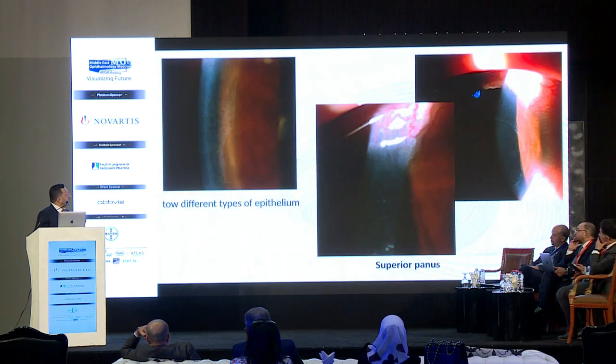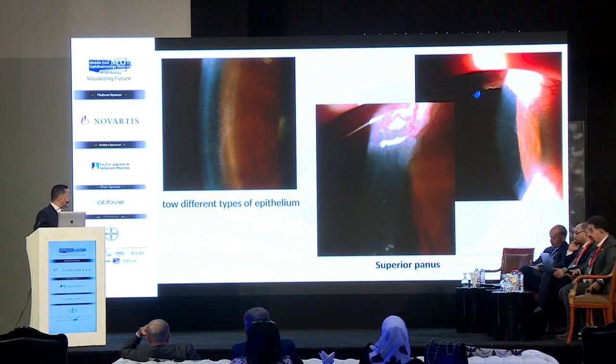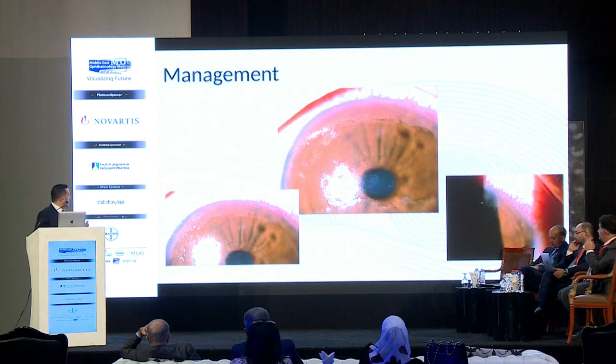If we look carefully and evaluate the findings, you will find there are 2 kinds of epithelium covering this cornea, besides the heavily vascularized peripheral area, especially in the superior part. In this case, you will realize that chronic trauma has destroyed the barrier. So we need to restore that barrier.